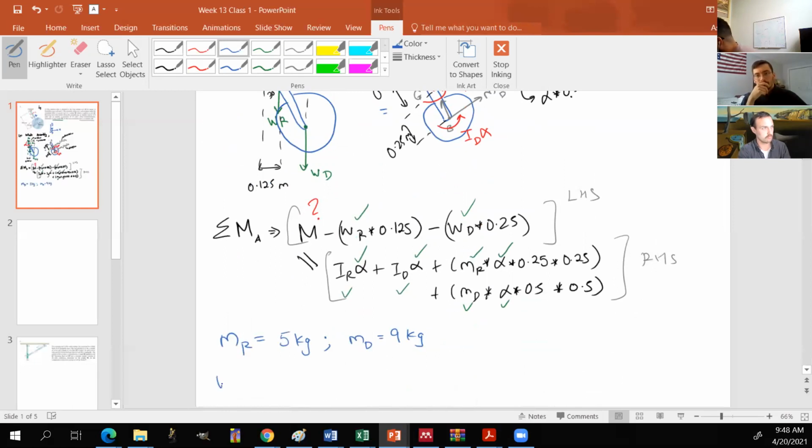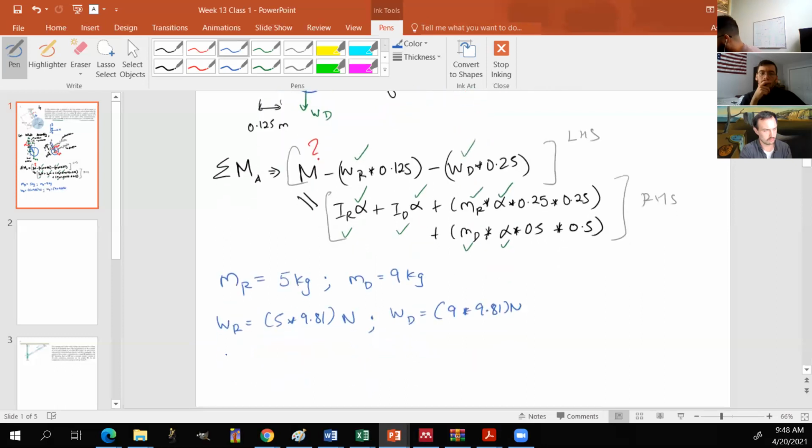So the weight of the rod is just 5 times gravity, 9.81, so that's in newtons. I'll let you do the math. I'm just setting the problem up for you. Then you have WD, which is 9 kilograms times 9.81 newtons, right?